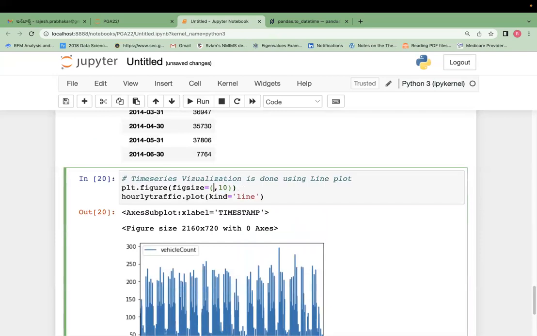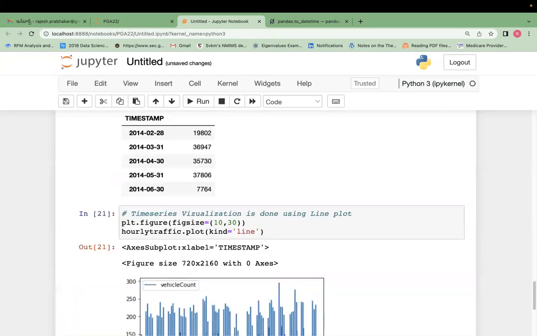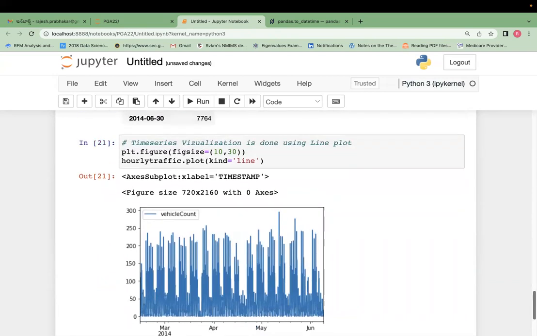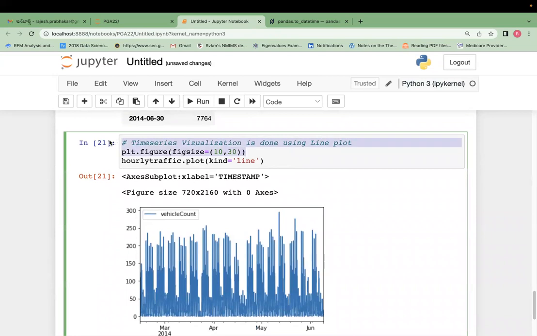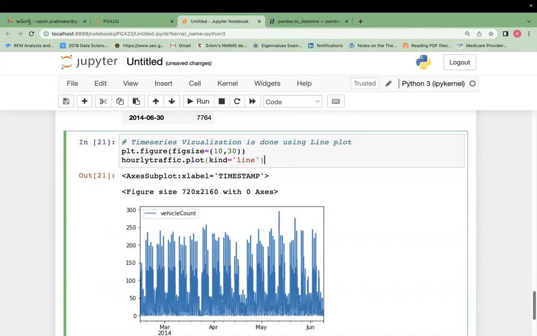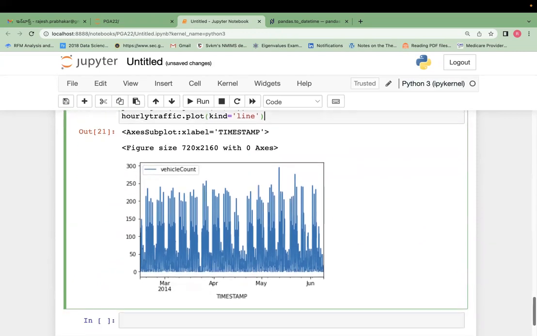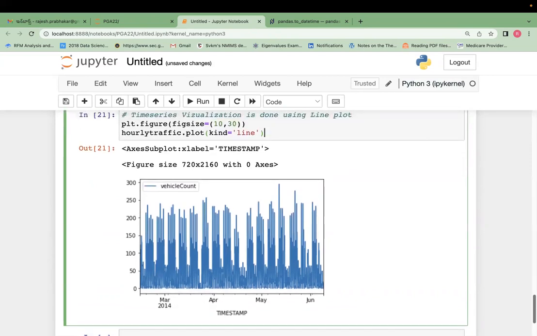Oh, sorry, 10 comma 30. So you can do monthly, the line plots are used for visualization.